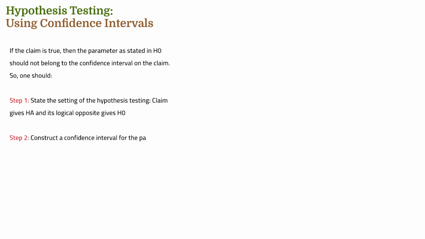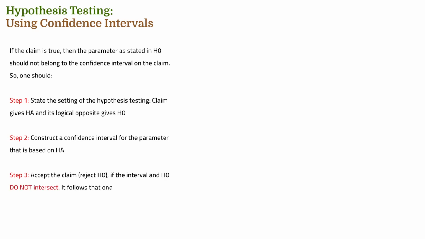Step 2, construct the confidence interval for the parameter that is based on HA. Step 3, accept the claim, reject H0 if the interval and H0 do not intersect. It follows that one should reject the claim, fail to reject H0 if the interval and H0 do intersect.